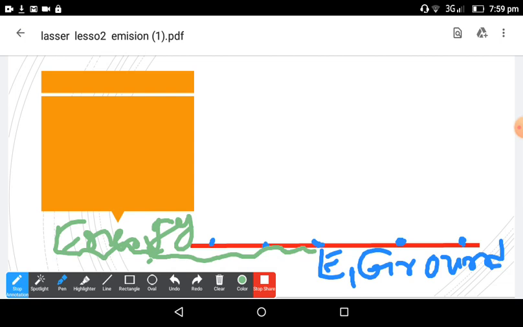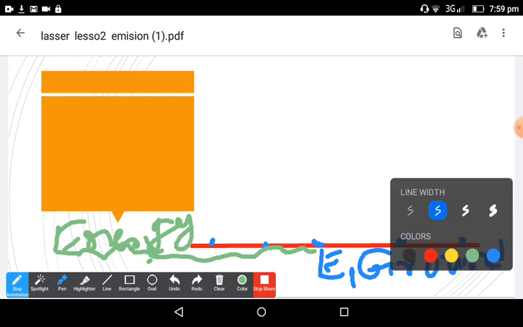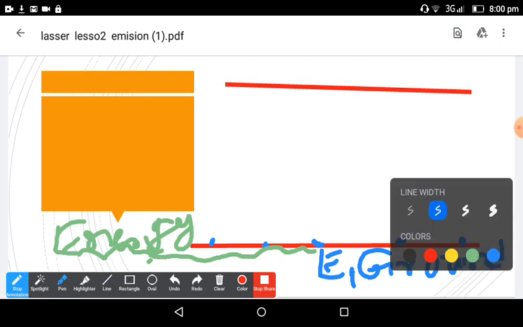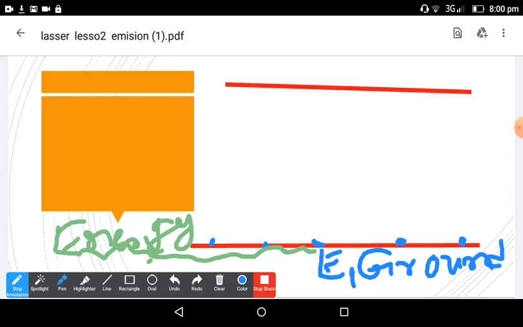I'll consider one higher energy level, and that higher energy level is above the ground state, because the ground state level is lesser. So the higher energy level must be above the ground state. This is the higher energy level, and we denote it with the symbol E2.